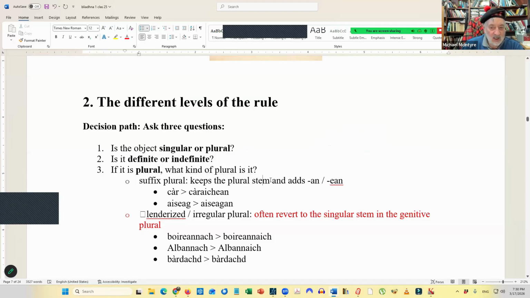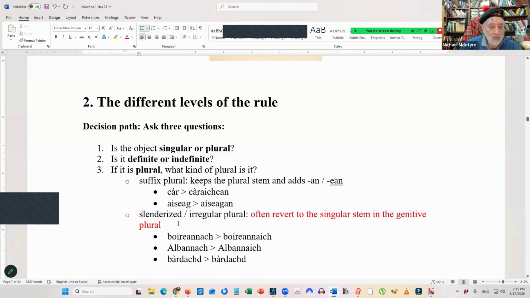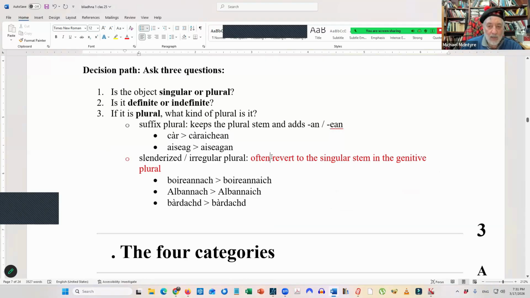Does it keep the plural stem and add an -an, like car to carcan, ashik, which is a ferry, to ashikan? Or is it slenderized? Boranach, boranich: woman, women.